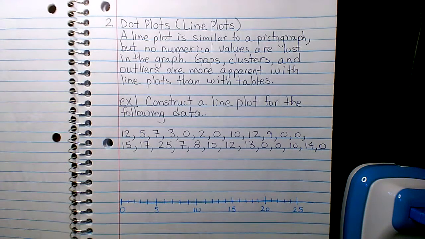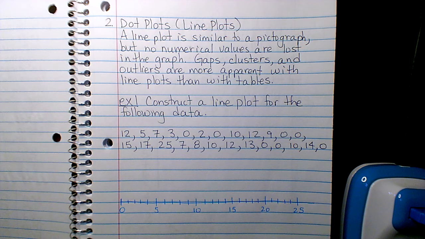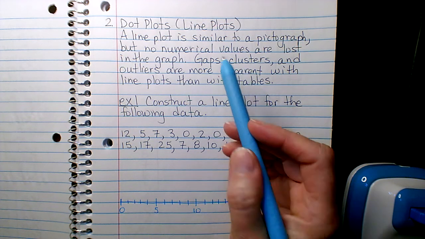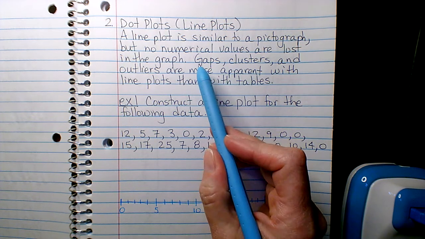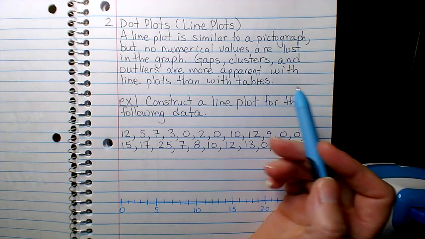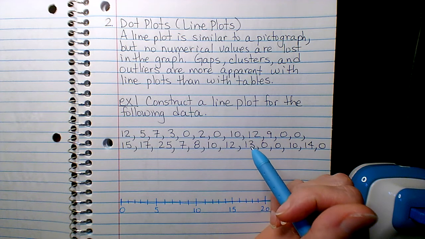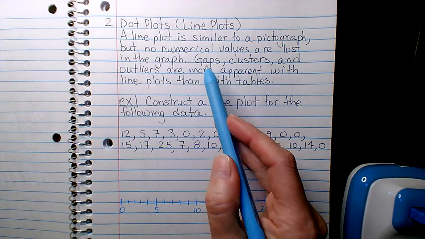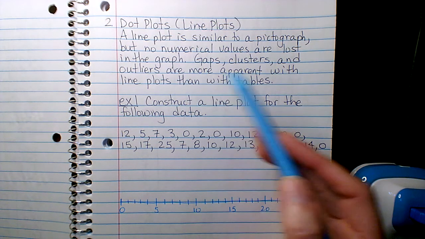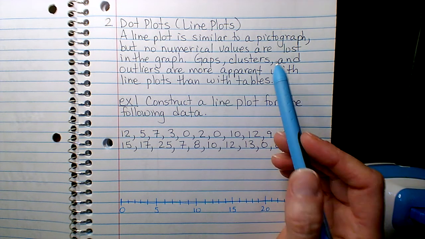Next up is something called a dot plot, sometimes called a line plot. It's similar to a pictograph, but no numerical values are lost when we graph it. Another really cool thing about this is that gaps, clusters, and outliers are more apparent with these line plots. Now, what do I mean by that? Well, a gap is just that. It's a big gap in the data.